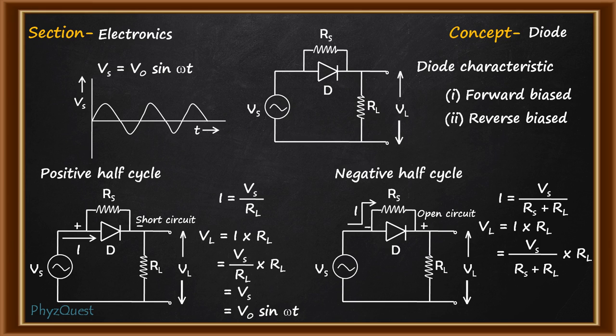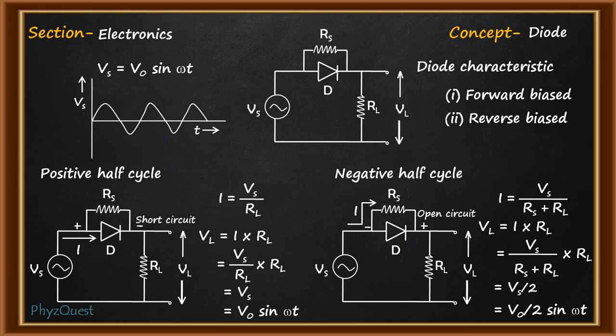So in place of Rs, if we put RL, it will be 2RL, and there is already an RL here, so RL would get cancelled. Ultimately the answer will be Vs by 2, which is equal to V0 by 2 sin omega t. So this is the output voltage during the negative half cycle.